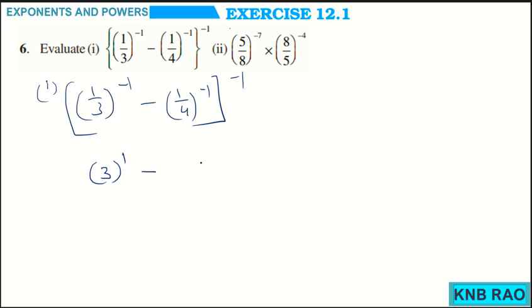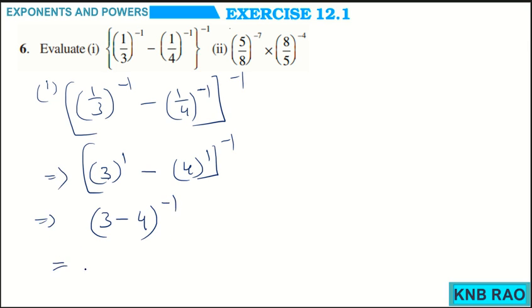Minus (1/4)^-1, again reciprocating the base gives 4 raised to the power 1. So next, whole power -1. 3^1 is 3, minus 4^1 is 4. So (3 - 4) whole power -1. What is 3 - 4? 3 - 4 is -1, raised to the power -1.